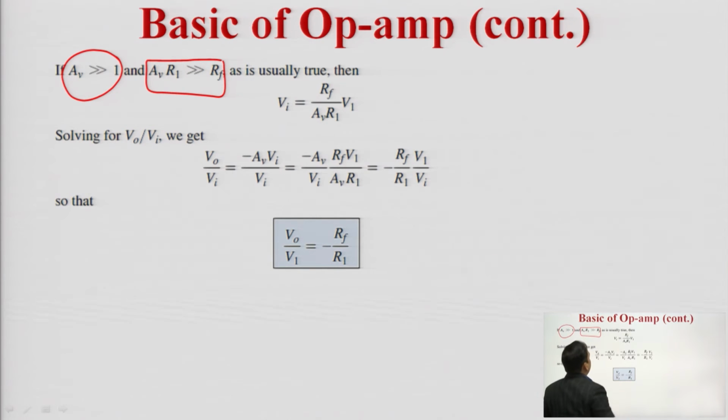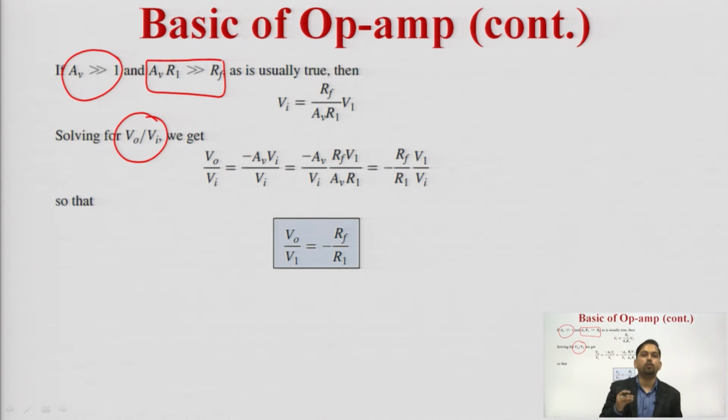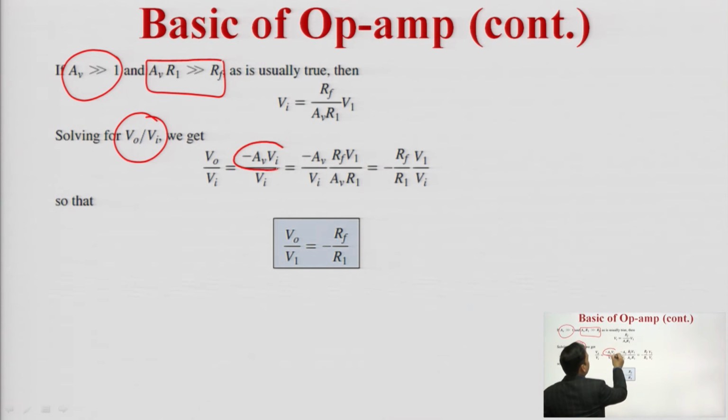So, this Vi will be Rf by (Rf + R1) multiplied by V1. So, the voltage gain, which is V0 by Vi, the voltage gain means the ratio of output voltage to the input voltage, V0 by Vi. V0 was minus AV multiplied by Vi, and Vi is basically this quantity.